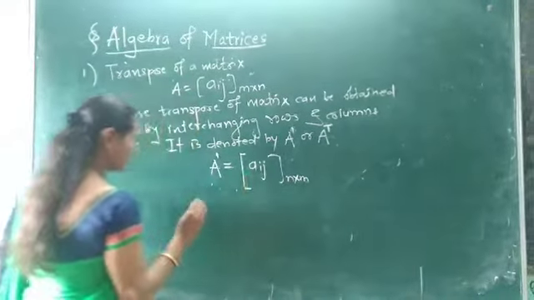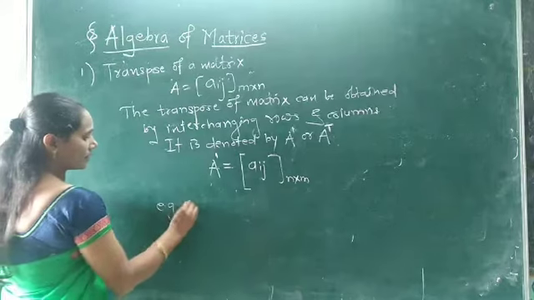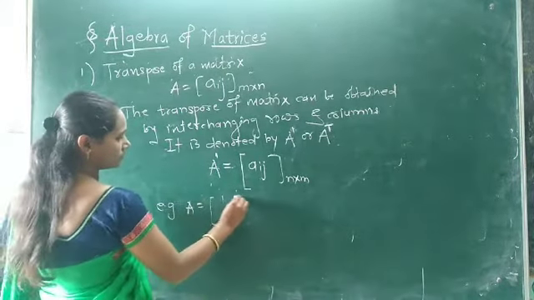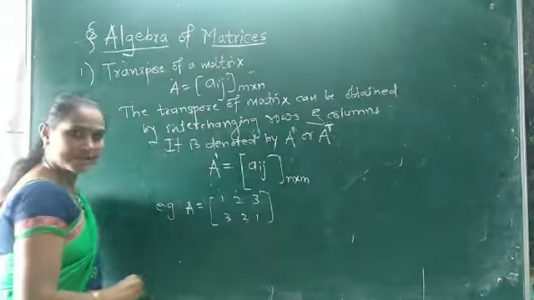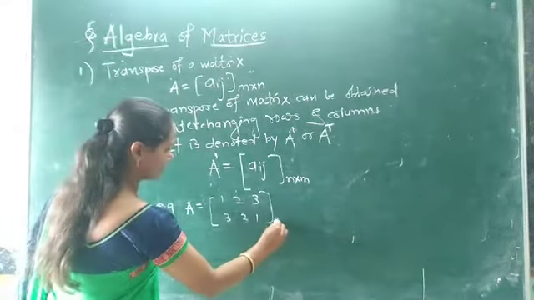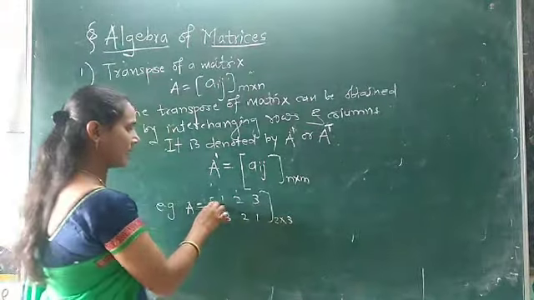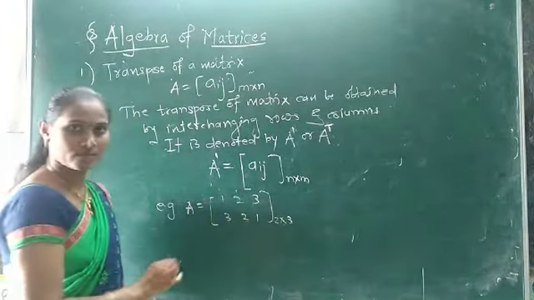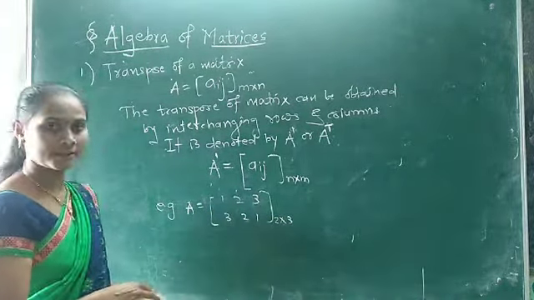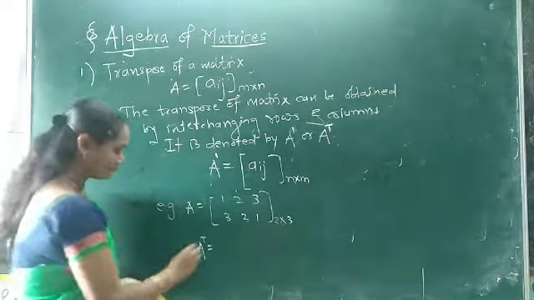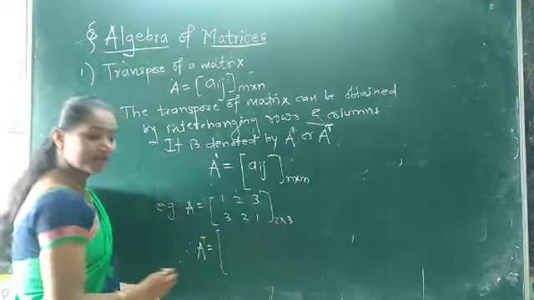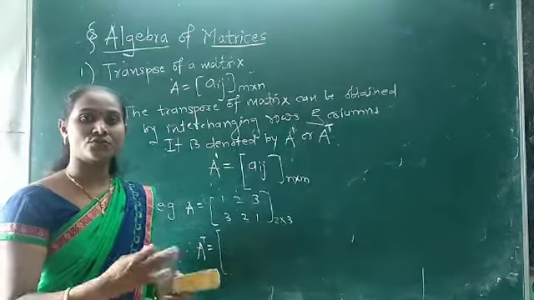So remember, for example A is equal to 1, 2, 3, 3, 2, 1. This matrix has order 2 by 3, since it has 2 rows and 3 columns. Now we obtain its transpose. What is meant by transpose? Interchanging its rows and columns.